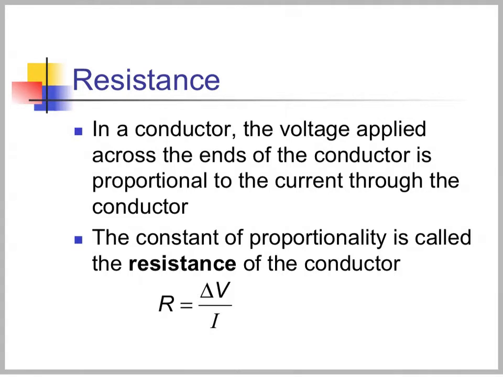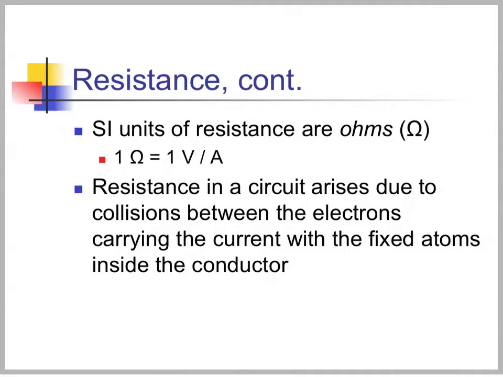And that constant of proportionality is called the resistance of the conductor. The resistance is equal to the potential difference across it divided by the current through it. The SI units of resistance are ohms. 1 ohm is a volt per amp. And resistance in a circuit arises due to collisions between electrons carrying the current with the fixed atoms inside the conductor.